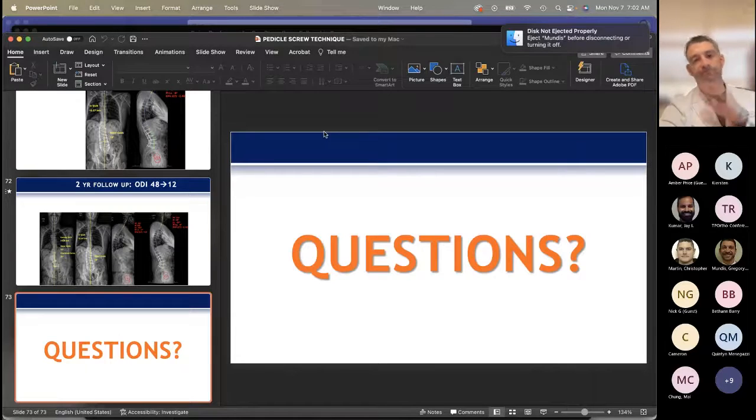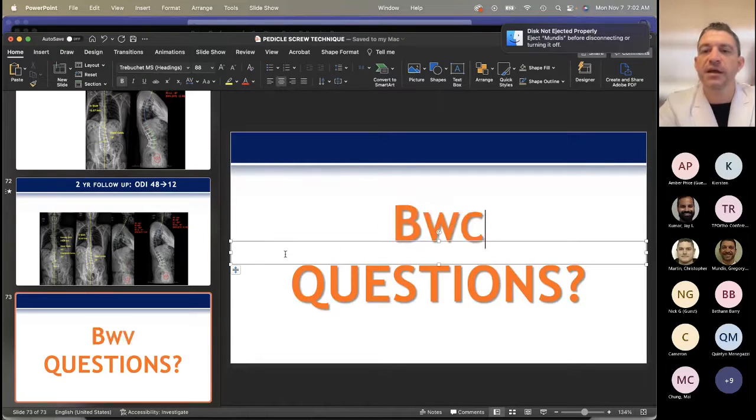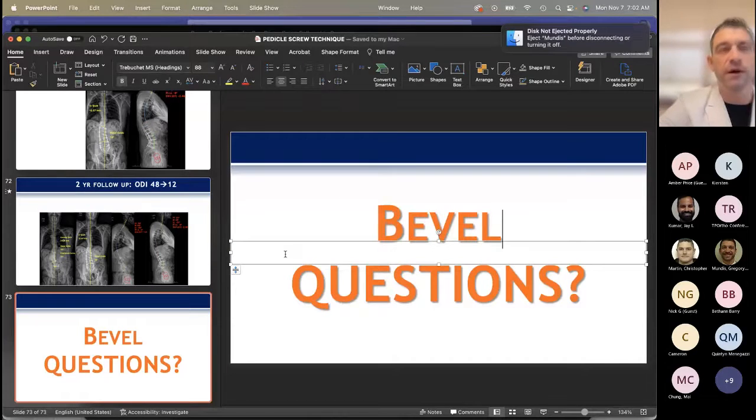Oh, sure. Yeah, so the bevel on the Jamshidi needle is a little bit like a lanky probe in some ways because it gives you a little bit of directionality to where your tool is going. So the bevel allows you, and I should throw a slide in on that, Don, take a note, to let's say you're going in and you're aimed a little too medial, right?